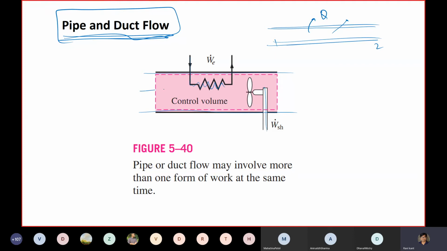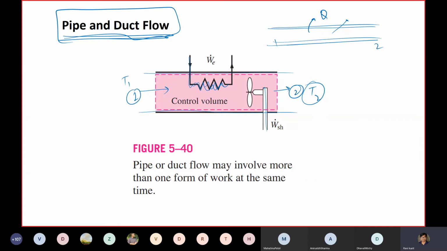When entering from 1 to 2, you get a higher temperature on this side and a lower temperature on this side, depending upon your need. If you want your temperature to be higher, you can put in a shaft or electrical wiring. If you want the temperature to be lowered, as in condensers, you can put a heat exchanger on top of this, and you can estimate in this way.